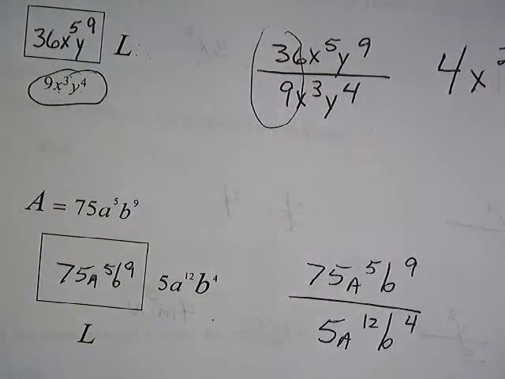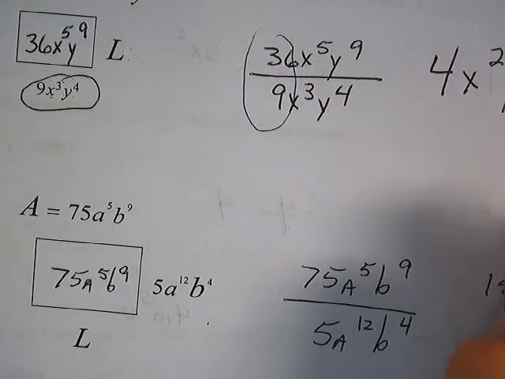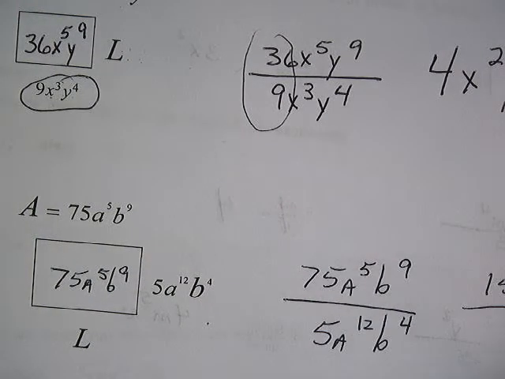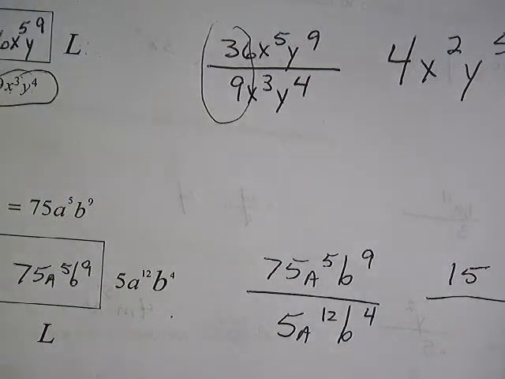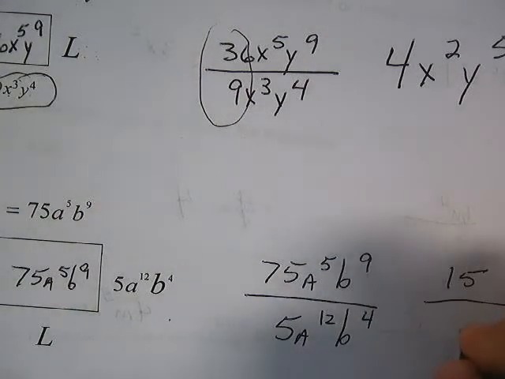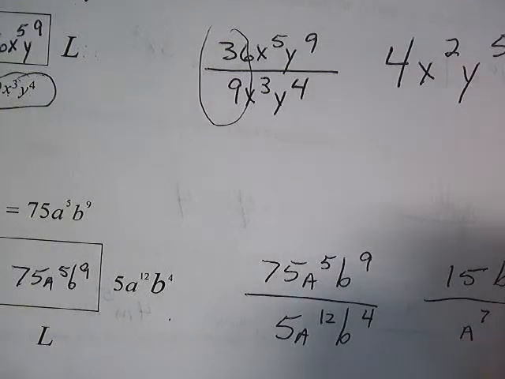Now, what is 75 divided by 5? 15. Okay, goes on top. Where's the a going to go? On bottom. A to the, what is 12 minus 5? 7. So we have a to the 7th on bottom, and the b is going to be on top. We'd have b to the 5th.